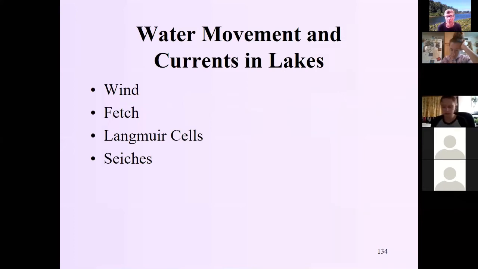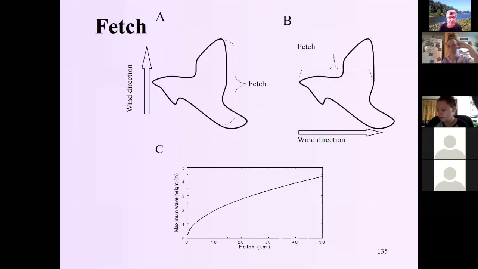Different things move water and make currents in lakes. And we talked about wind moving water, and we need to cover the idea of fetch, Langmuir cells, and seiches. So the fetch is the longest distance on a lake where wind can act on it in an unobstructed fashion. And it then depends upon the prevailing winds too.